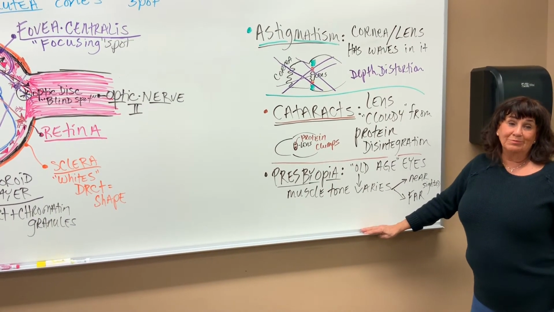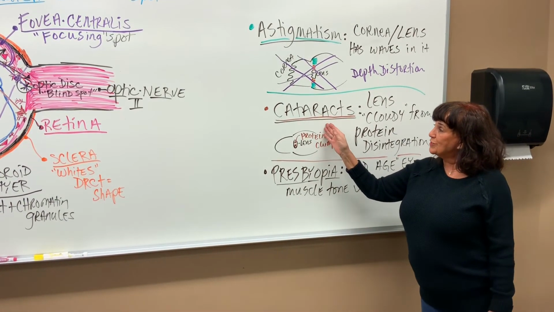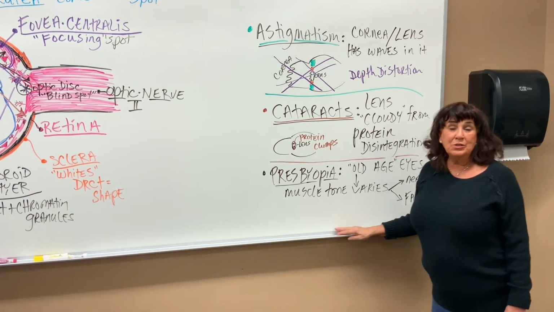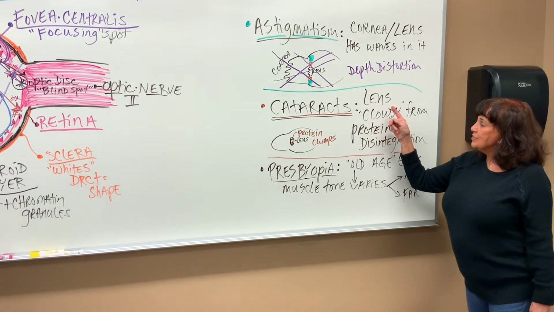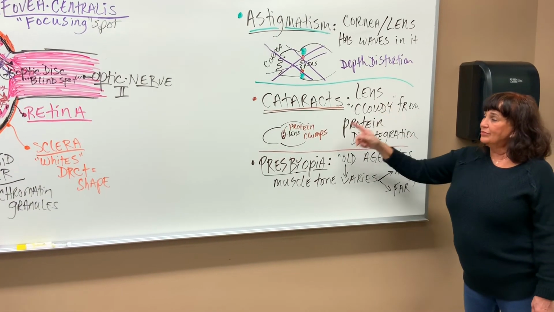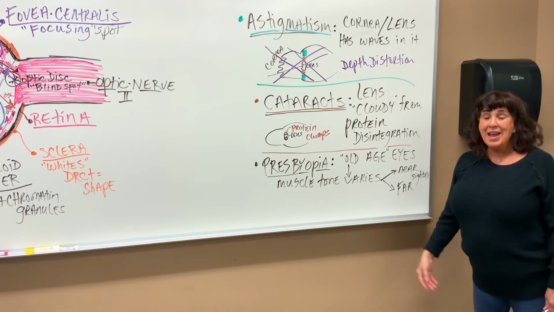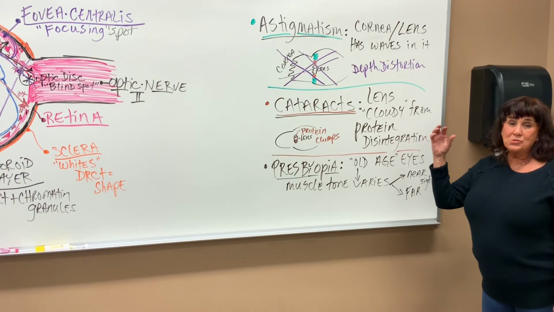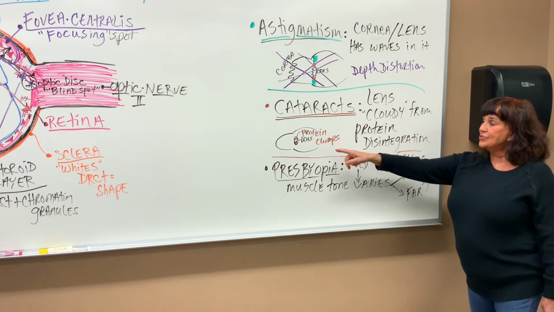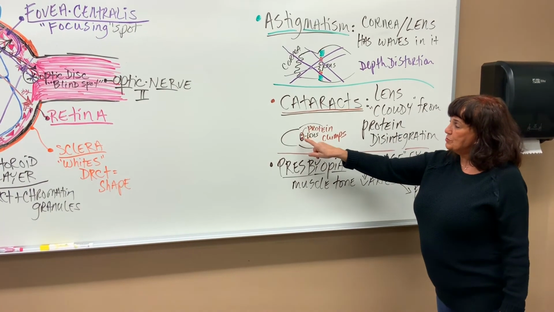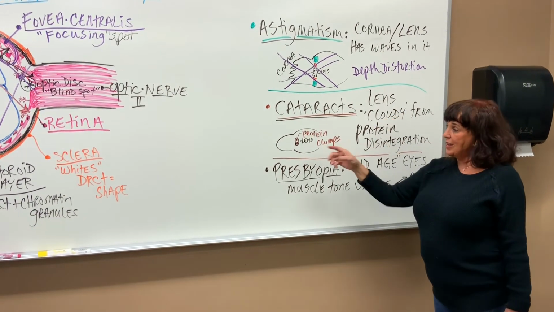That's the problem, okay? Right, then another term we like to use with vision is cataracts. And so cataracts usually happen in older people, and what it is, the lens is breaking down. The lens is made out of stratified squamous epithelial tissue, and so the cells, the protein is clumping, and so it makes for cloudy lenses. They've got protein clumps in there, and they look like white clouds, actually.